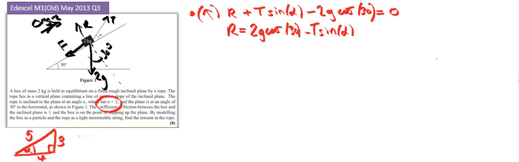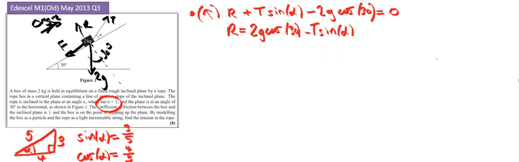So it also tells me that sine alpha is equal to 3 over 5, opposite over hypotenuse. And my cosine of alpha is 4 over 5. Remember to draw the triangle. It'll prevent you from making silly mistakes.